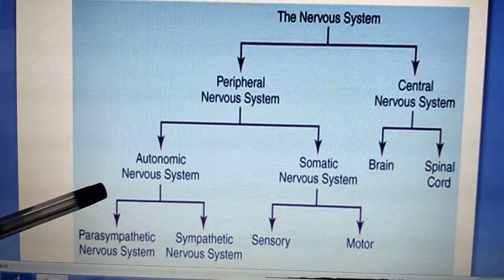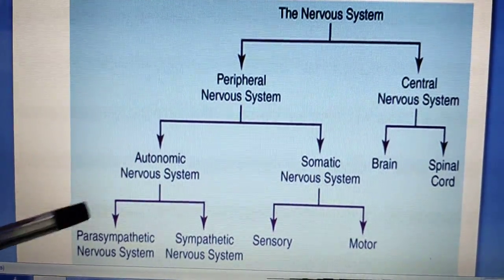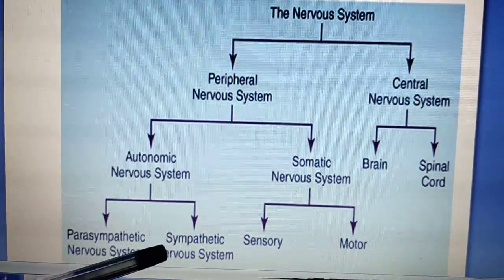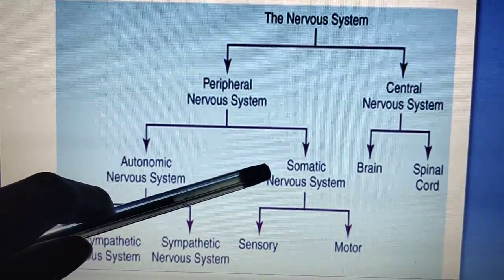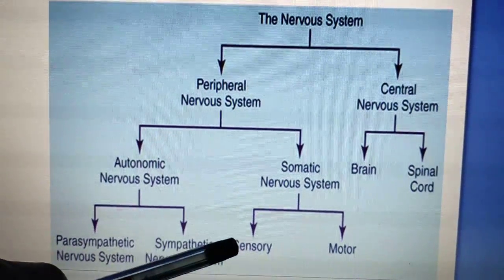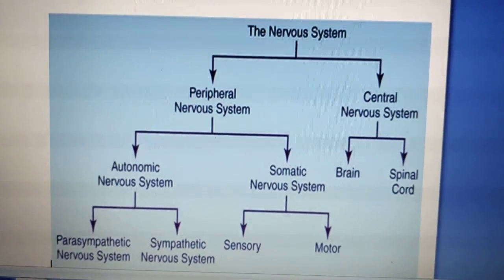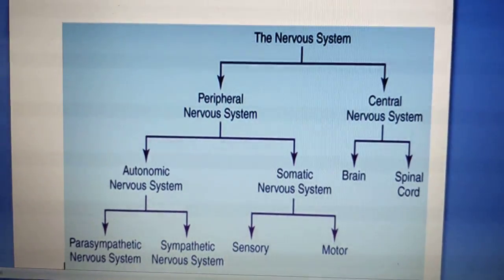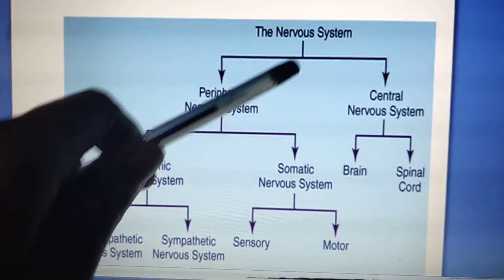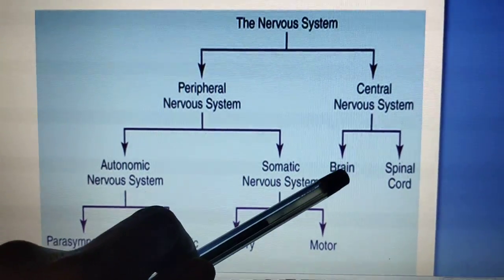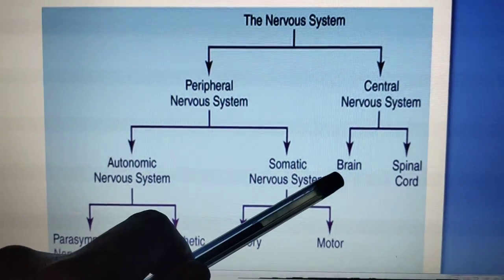The autonomic nervous system is divided into the parasympathetic and the sympathetic nervous system, whereas the somatic nervous system is further divided into the sensory and the motor nervous system. Clear? I'll give you a gross picture of it. Now you listen. The central nervous system, the brain. Here we'll see the structure of the brain.